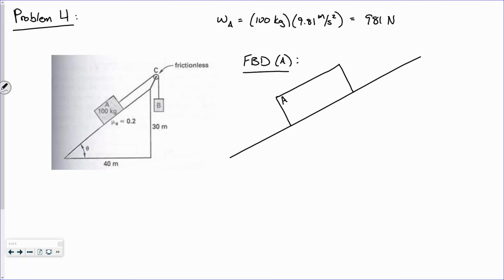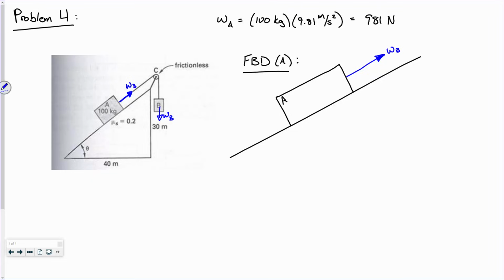So here's this block. Now we need to start adding some forces to this. One of the first things I'm going to add is this. I'm going to say that this is W sub B. In other words, here's the block, and there's going to be some force pulling this, and it's going to be the same force as whatever's coming down here. Make sense? Sound good? Okay.